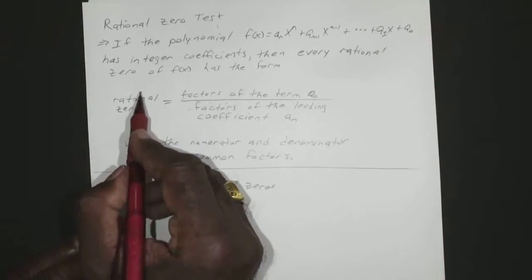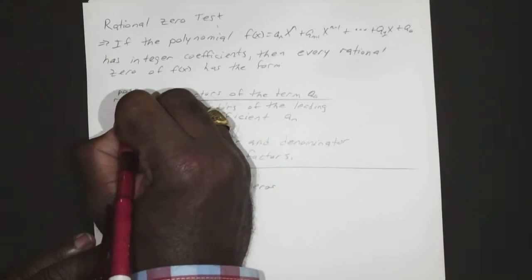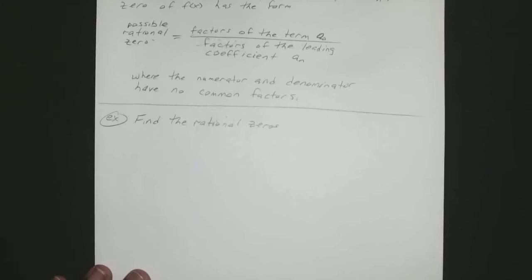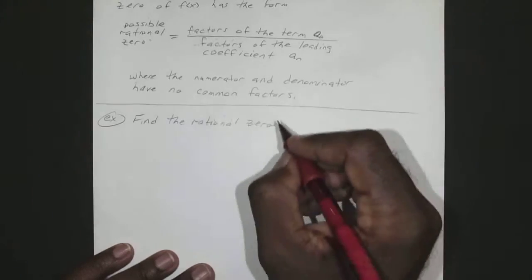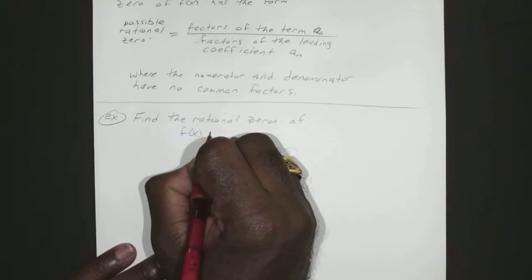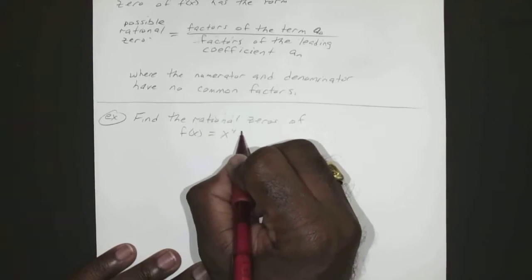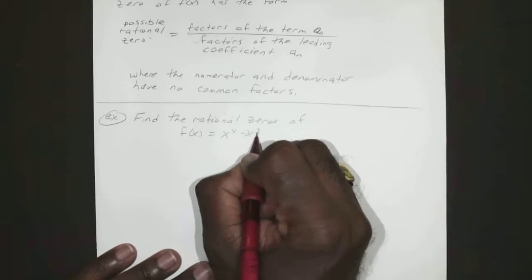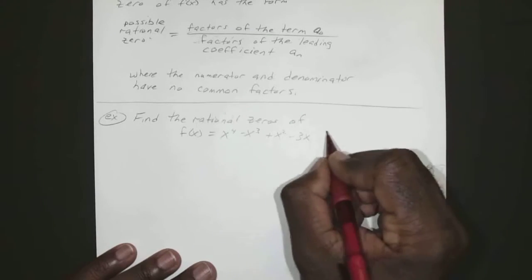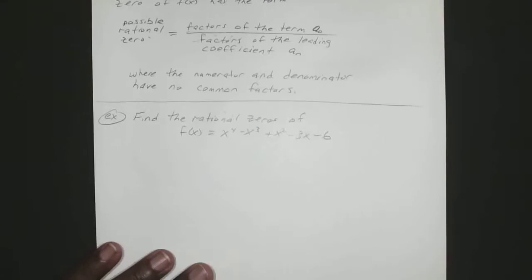Actually, that's what's missing up here. This should be possible rational zeros. There we go, I was missing a possible somewhere. Of, let's say, f of x equals x to the fourth minus x to the third plus x squared minus 3x minus 6.